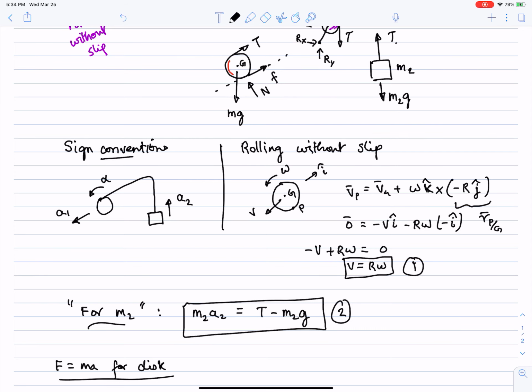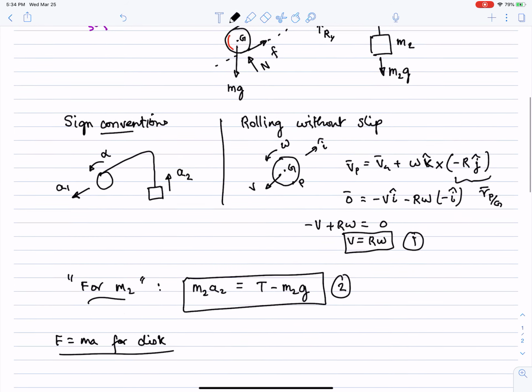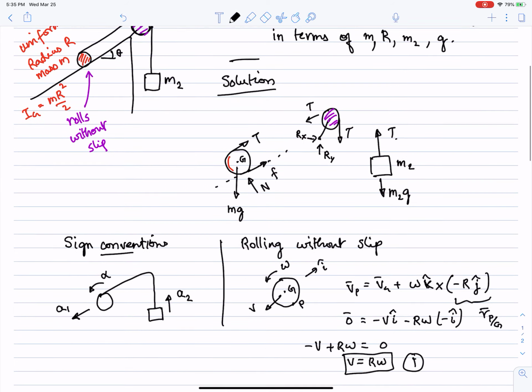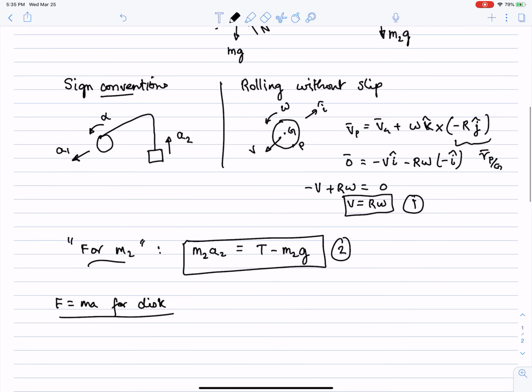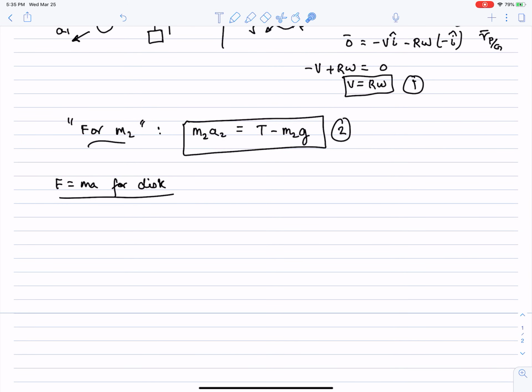So of course we can replace mg by mg cosine theta, mg sine theta, where this thing is theta. Okay. So let me redraw this free body diagram out here with that decomposition.